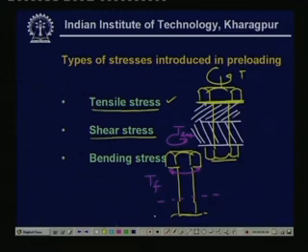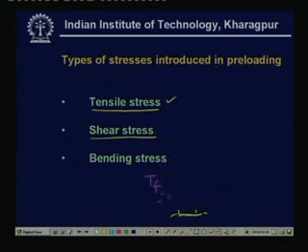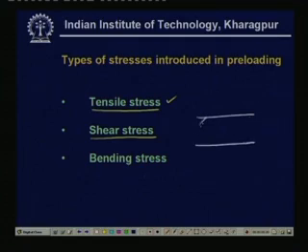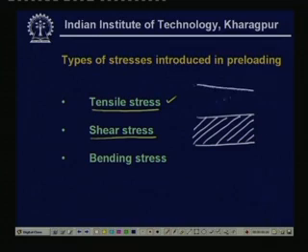Then there will be another stress, which is the bending stress, and that occurs whenever we have two misaligned or non-parallel surfaces. Now, suppose we want to join one plate with the other. Unlike the previous situations, here we consider that this plate is not properly aligned.